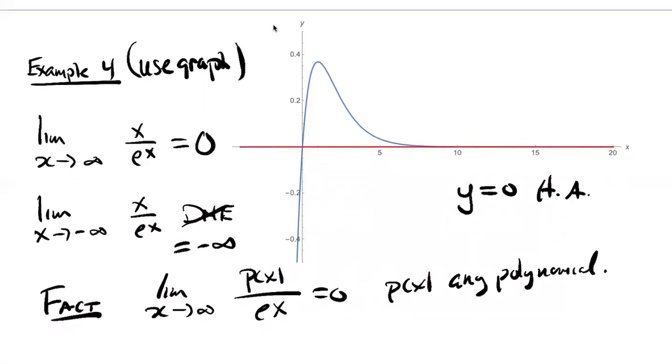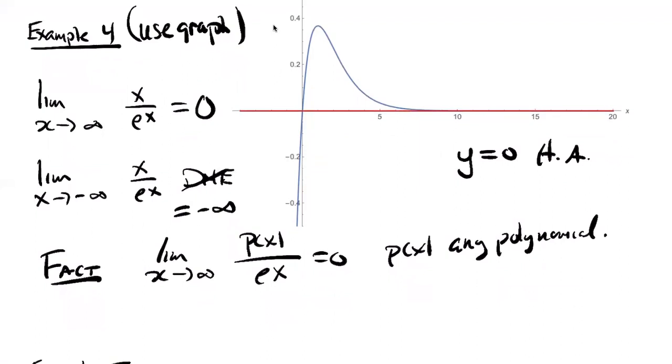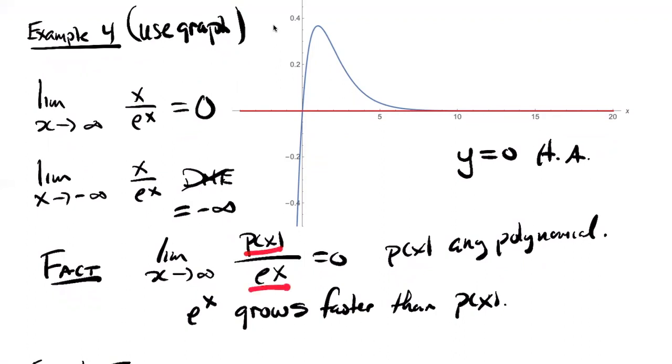So one way to interpret this fact is that exponential functions grow faster than polynomial functions. e to the x grows faster than p of x, in the sense that as x goes to infinity, both p of x and e to the x are becoming infinite, but e to the x is so much bigger that their ratio is going to approach 0.